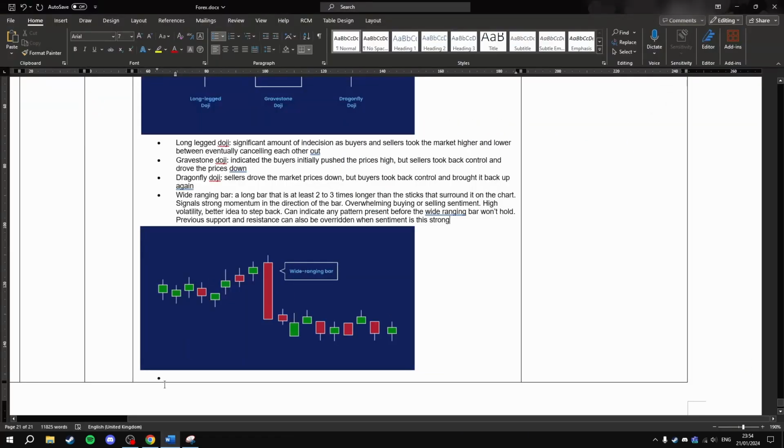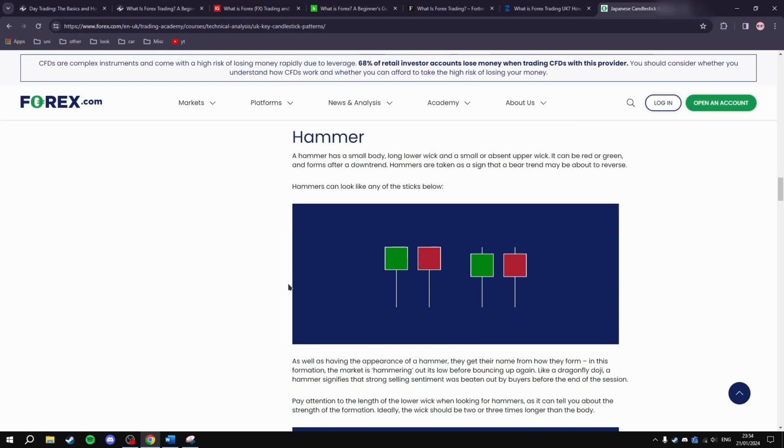Hammer. A hammer is a small body, long lower wick, and a small or absent upper wick.